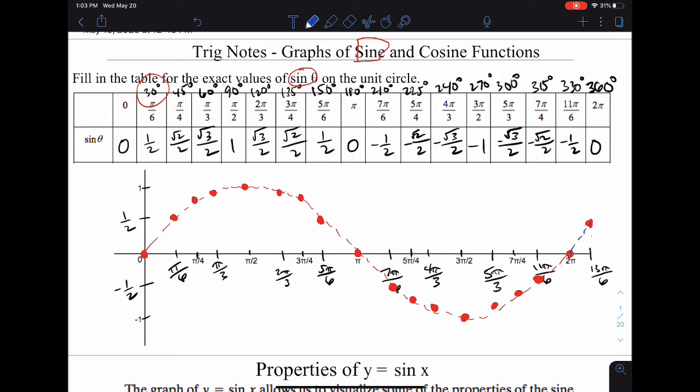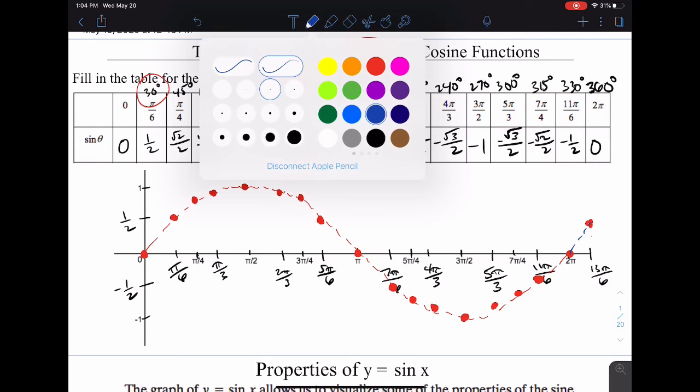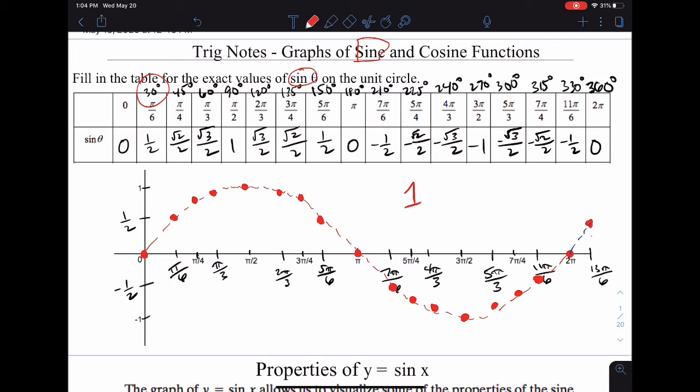The sine wave just repeats itself over and over and over. So what you're looking at in red from 0 to 2 pi is what we call one cycle, or sometimes it's pronounced a period. That's one cycle of the sine curve.